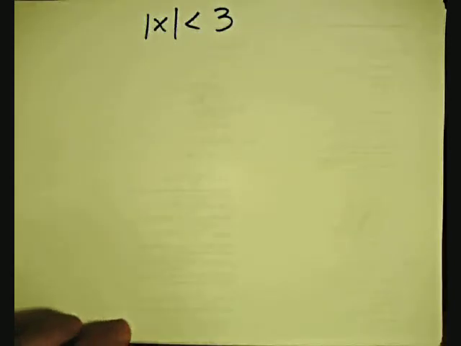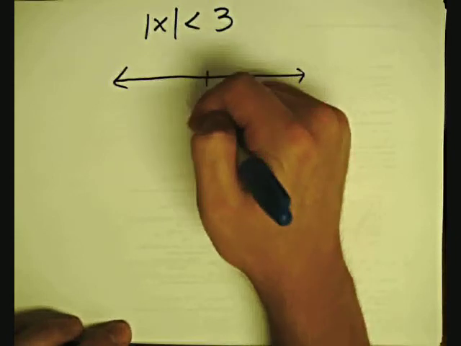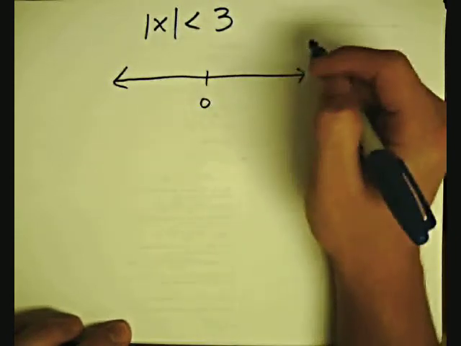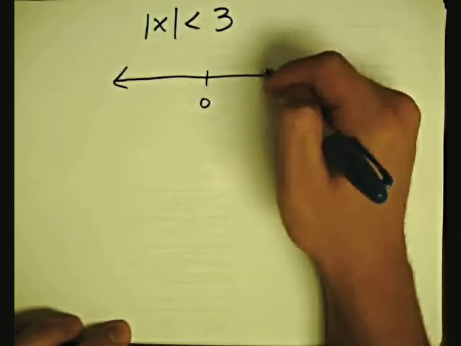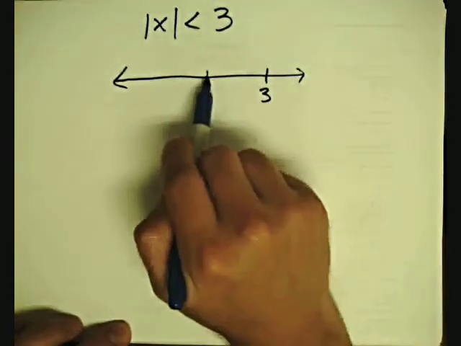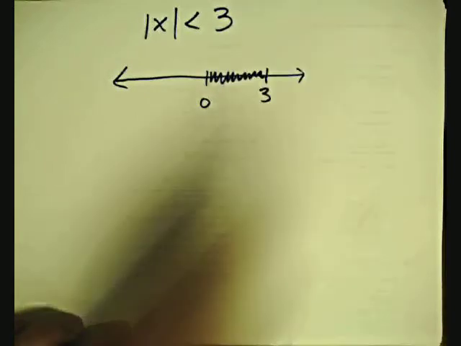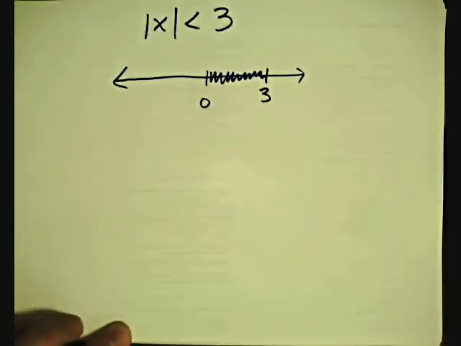What that's saying is, on a number line, the value that we choose for x needs to be less than 3 away from 0 on the number line. So to the right, anything up to 3 will correctly solve that absolute value inequality.